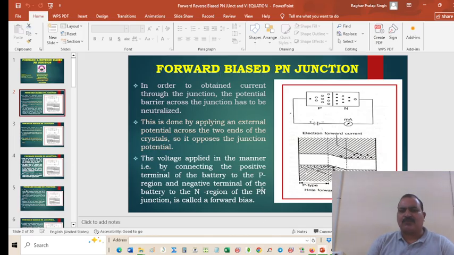Okay, let's recapitulate that. That's very important for today's topic, because we have to move one step ahead, that we want to create the ordinary PN junction in forward bias mode and in reverse bias mode.